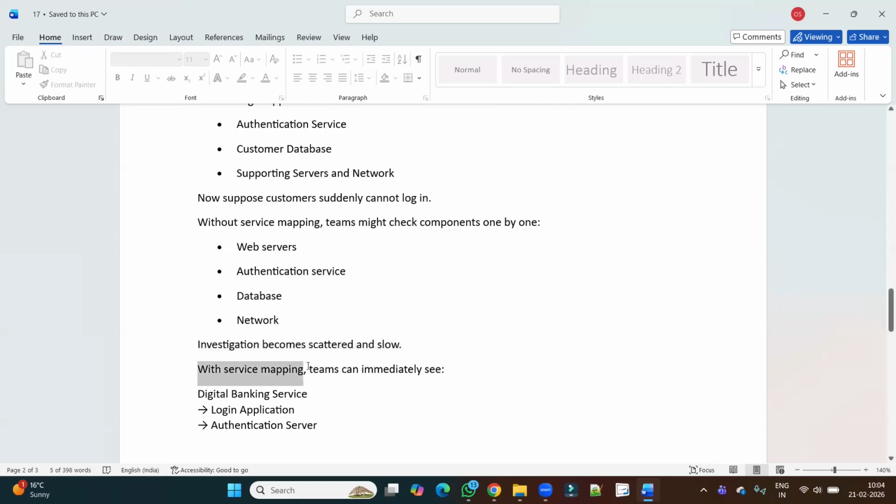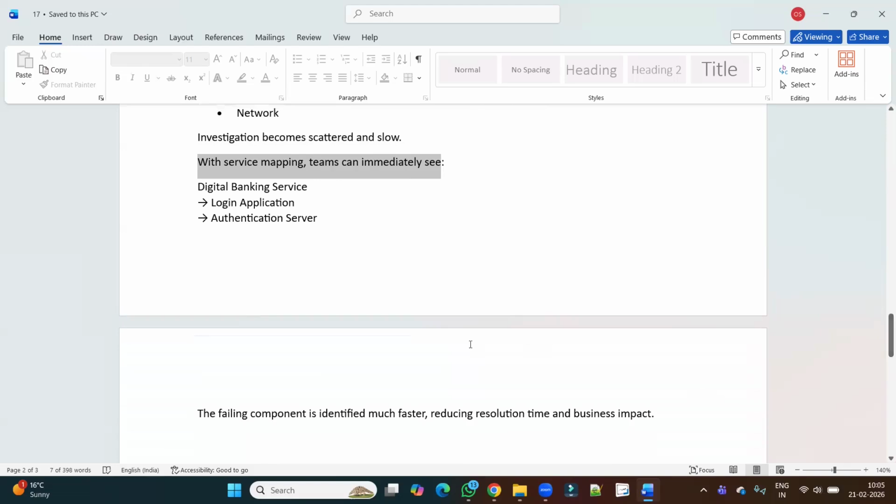So with this service mapping, now let's say we have service mapping, what will happen? Obviously, when we have the blueprint available, the team can immediately see the business service and the associated infrastructure and other components which are associated with that particular digital banking service, and its dependencies, everything.